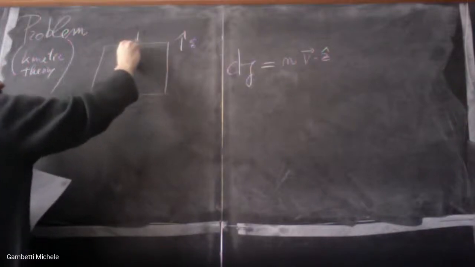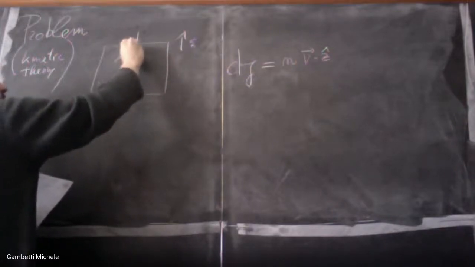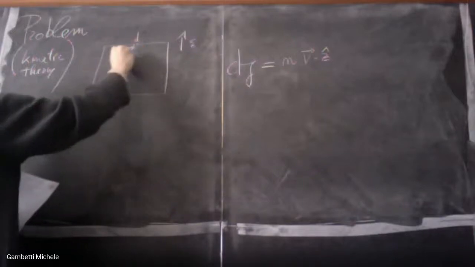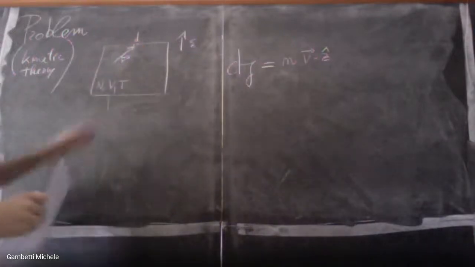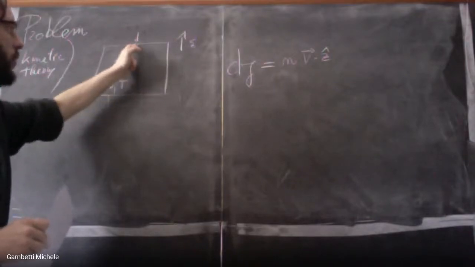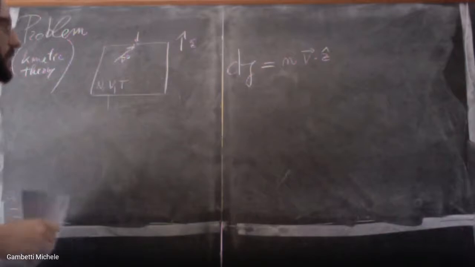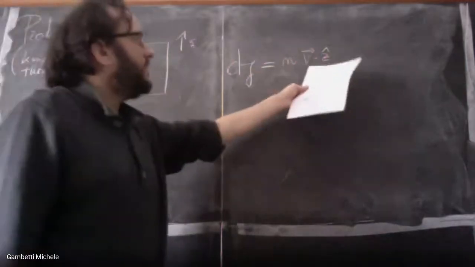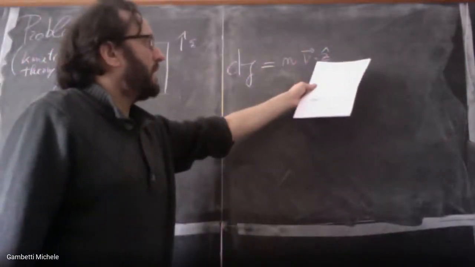Well, I can have particles propagating with a certain velocity v, but for counting the flux, what is important is just the z component. Therefore, I multiply v scalar z.